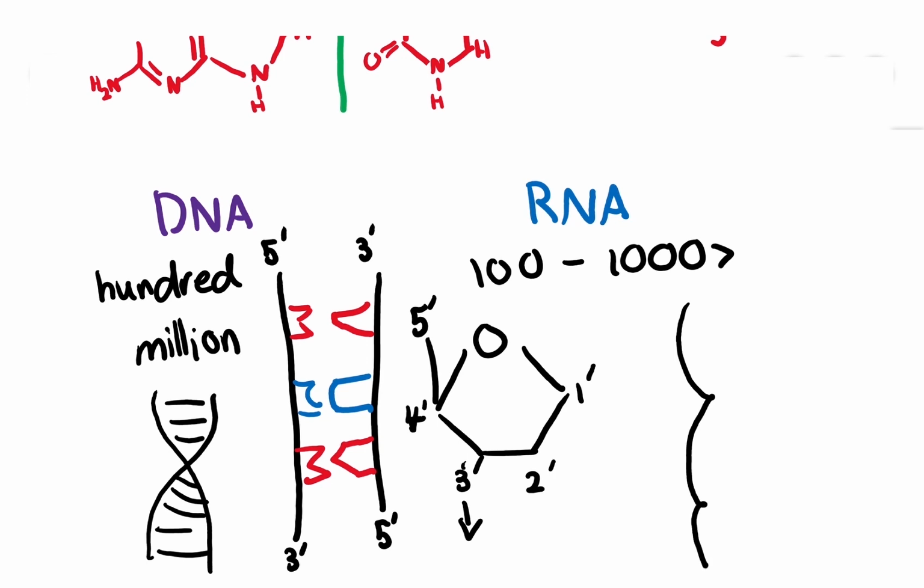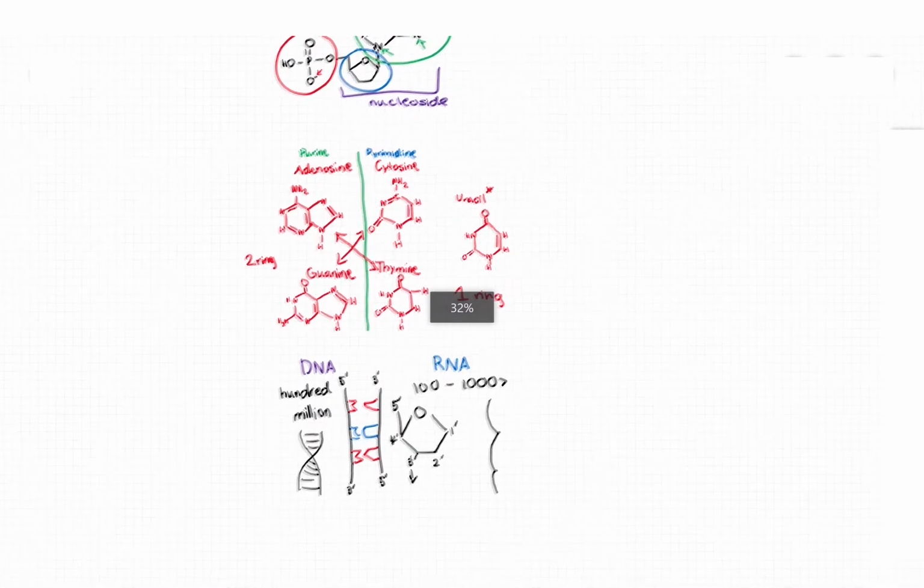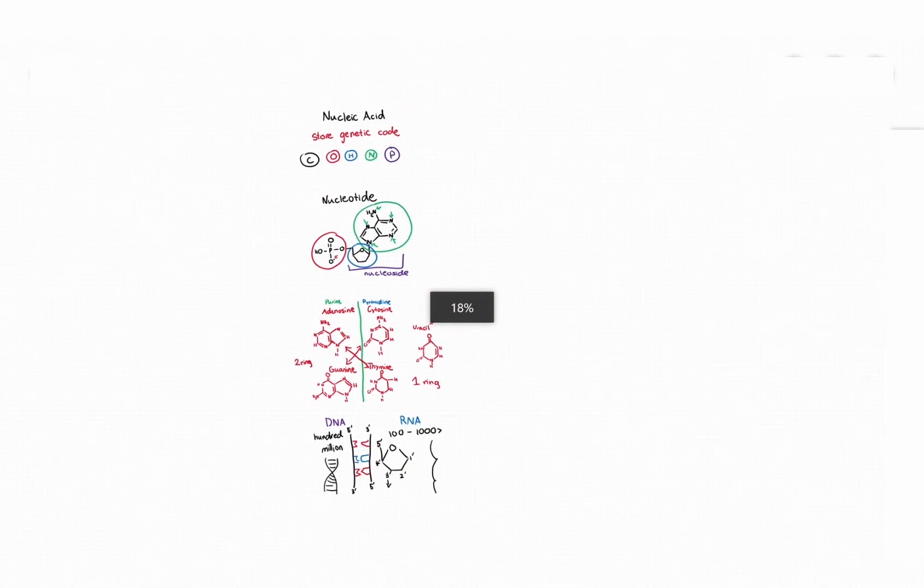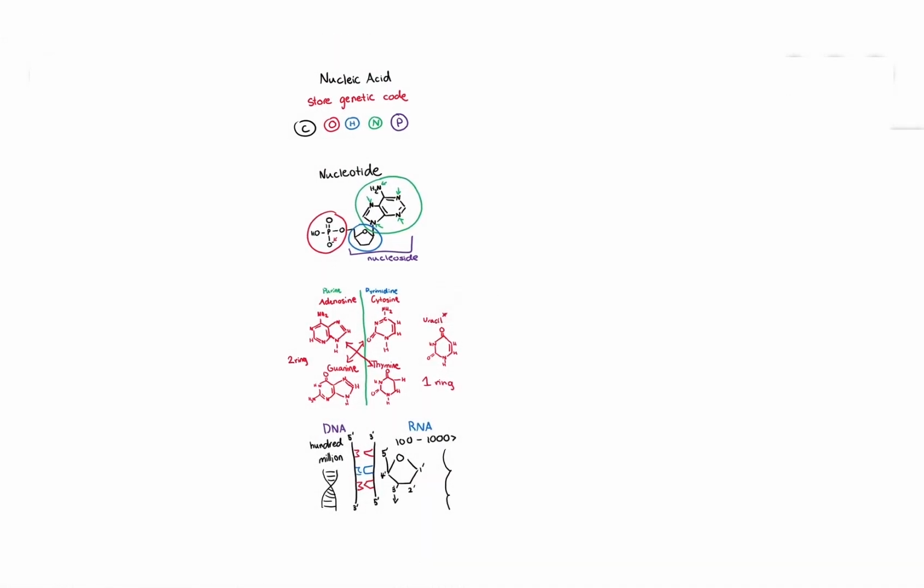Again, we'll be diving deeper into the functions of RNA and DNA, but as a summary, these nucleic acids store the information about the makeup of an organism, down to the smallest protein and the mechanisms for regulation for the entire body. So in summary, nucleic acids are made up of carbon, oxygen, hydrogen, nitrogen, and phosphate, or phosphorus. Nucleotides have a phosphate side group, it has a sugar, and it has a nitrogenous base.